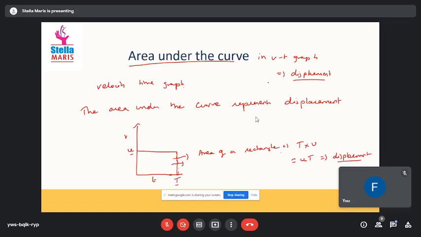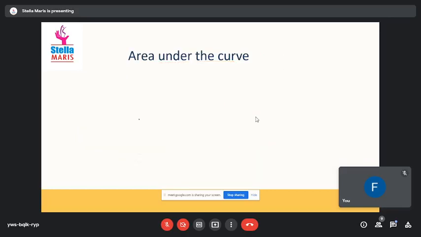Displacement. So you have to remember that the area under the curve represents displacement. For example, let's say this is a VT graph, and this is the velocity.